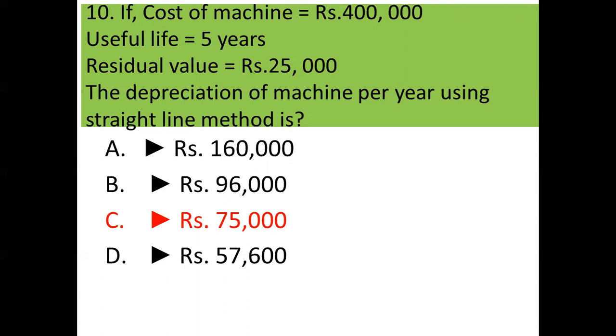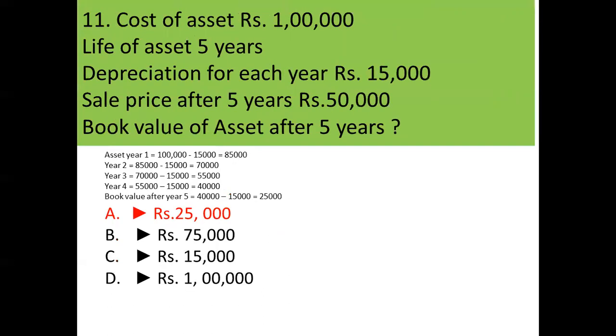By using the straight line method, you take the cost of the asset, which is 400,000, minus the residual value of 25,000, divided by the useful life, which is 5 years, and we get 75,000, which is the correct answer for this question.